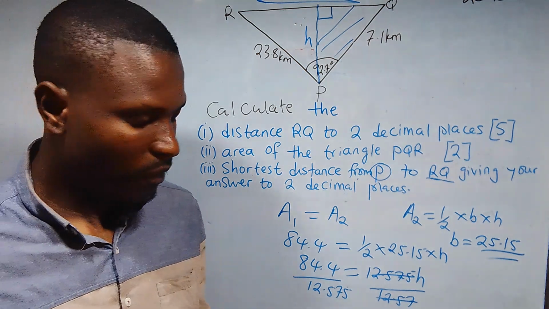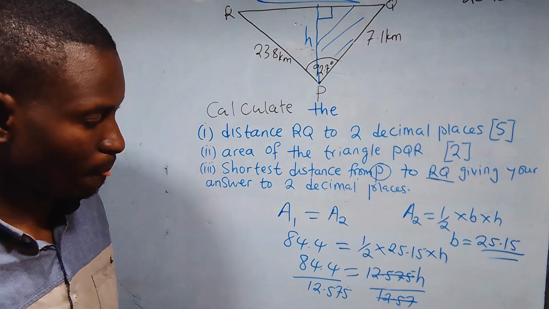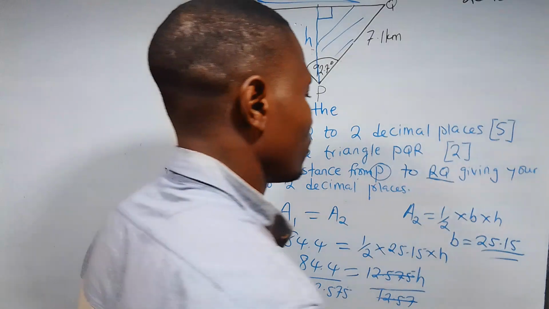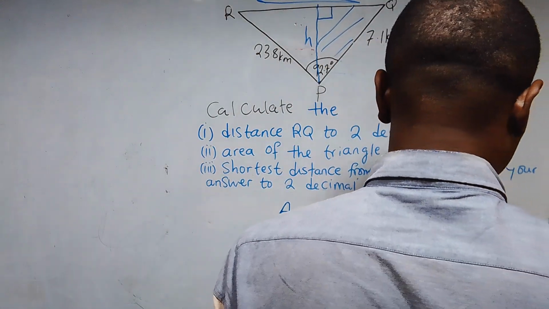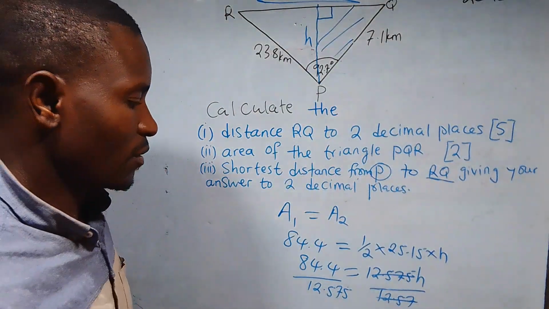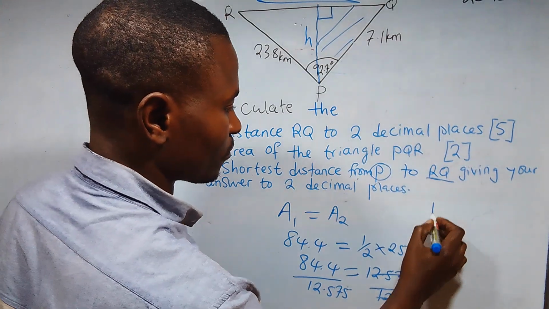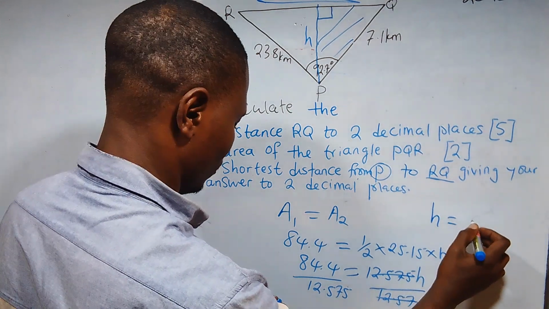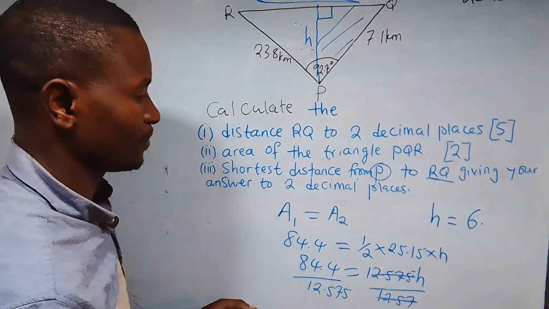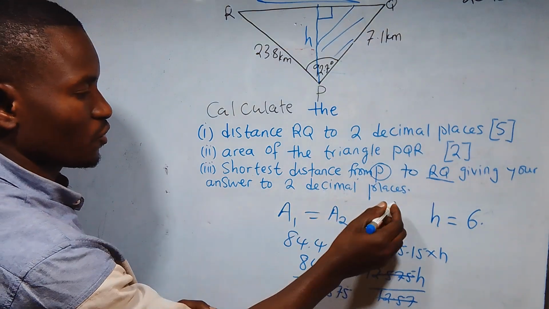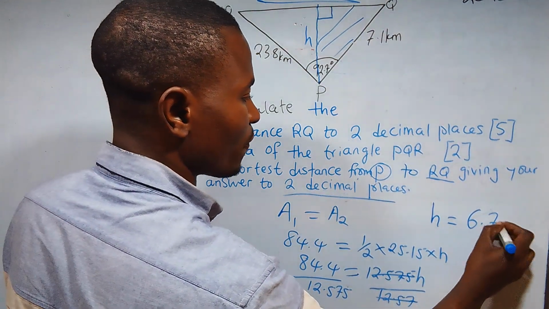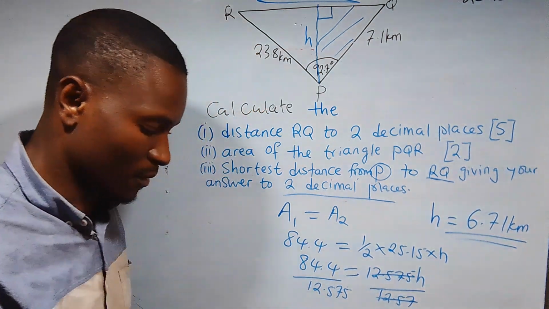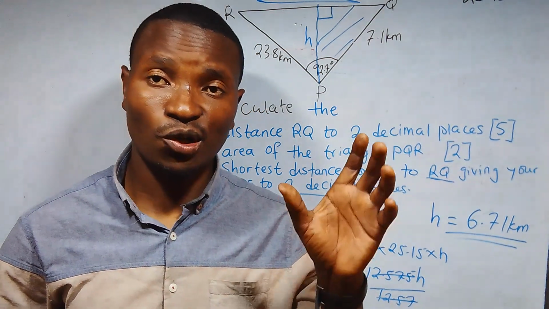Okay. So this gives you H equals 6 point, giving your answer to 2 decimal places, so 6.71 kilometers. Okay. So that's your shortest distance.